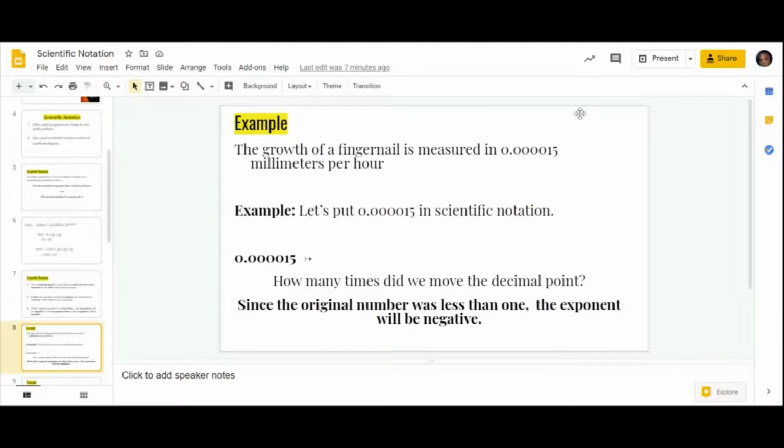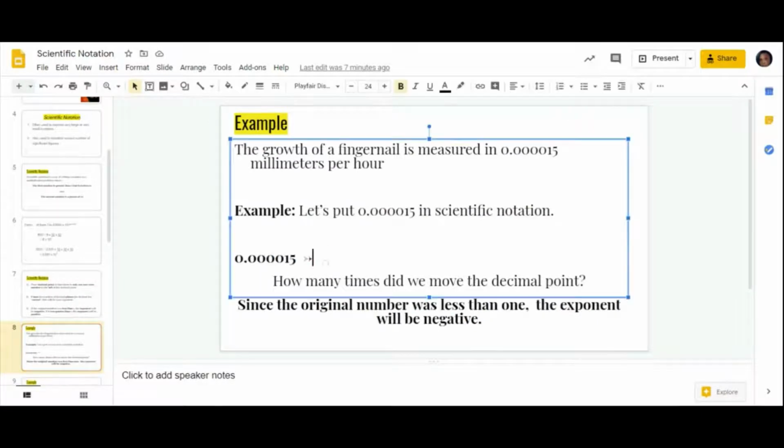So here I have 0.000015. My first step is to move the decimal point until it is to the left of the first non-zero number.